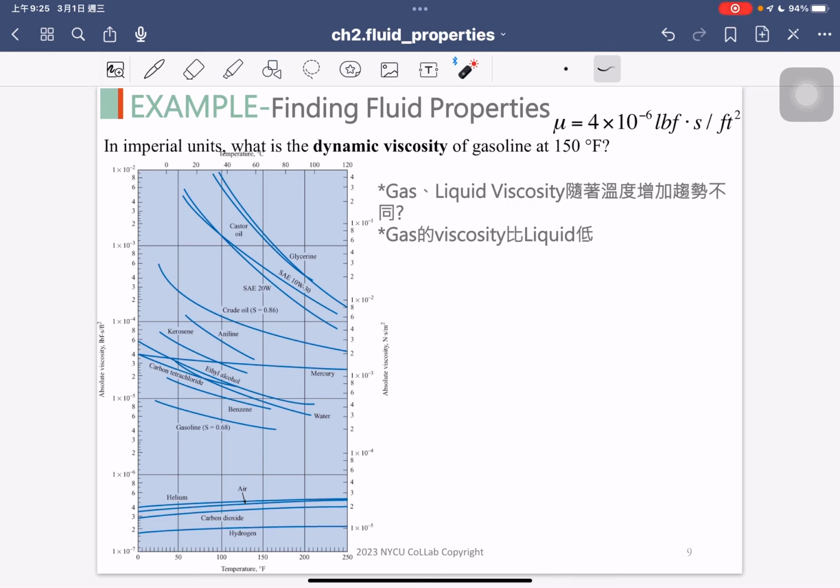If I provide the figure for you, you should answer the dynamic viscosity based on the questions. So, as I say in here, in imperial unit, okay, you know that the imperial units. So you can see the units dimension showing here is imperial, okay?